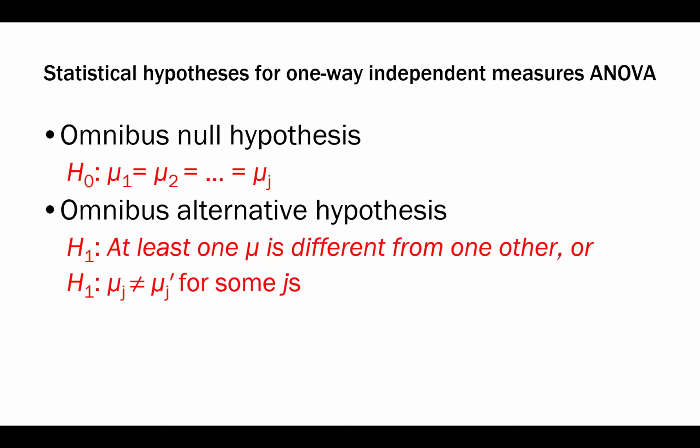The omnibus test, our alternative hypothesis, is at least one mean is different from one other. Some mu sub j, some group, is not equal to some other group for some groups. J is a notation for group.